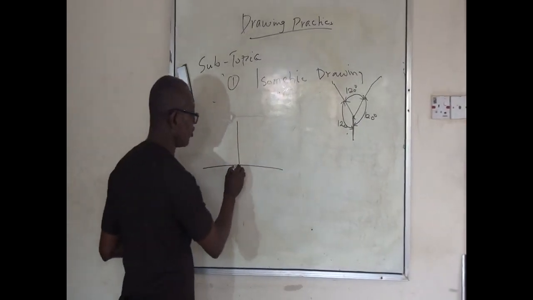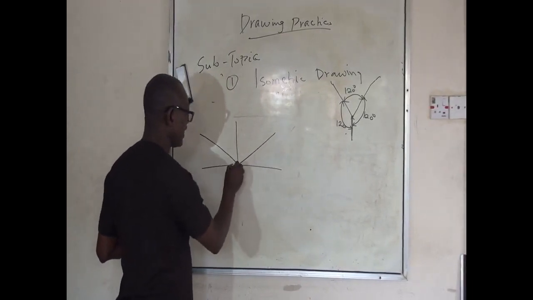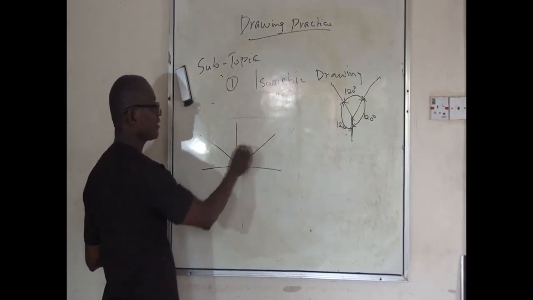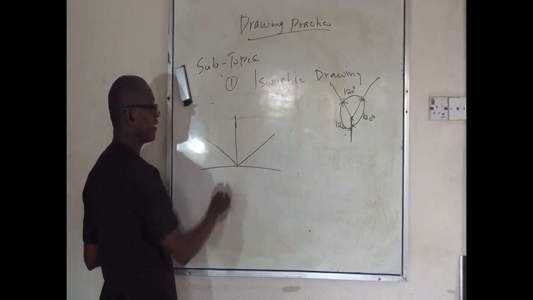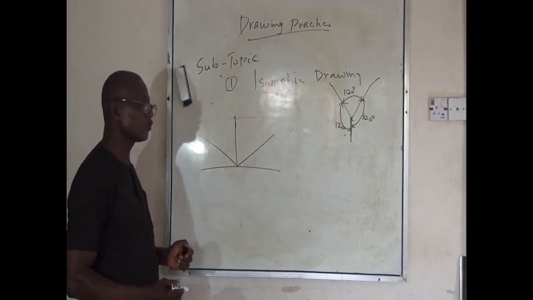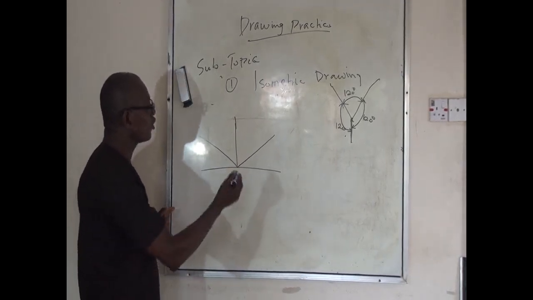Then you have your receding line. Your receding lines will appear on both sides. That is why we say they are on opposite sides, whereby the vertical is in between them. And this line becomes a guide to you if you want to draw a box.